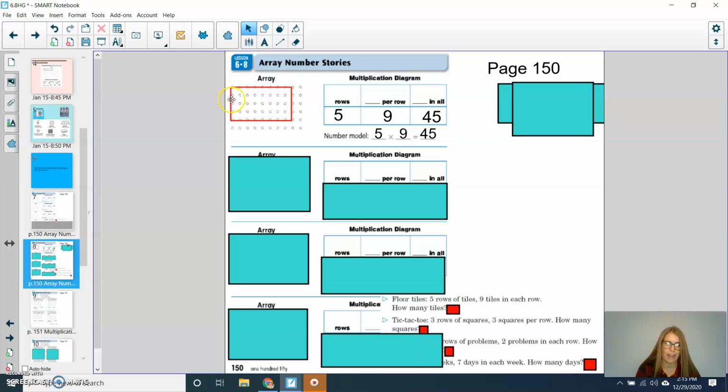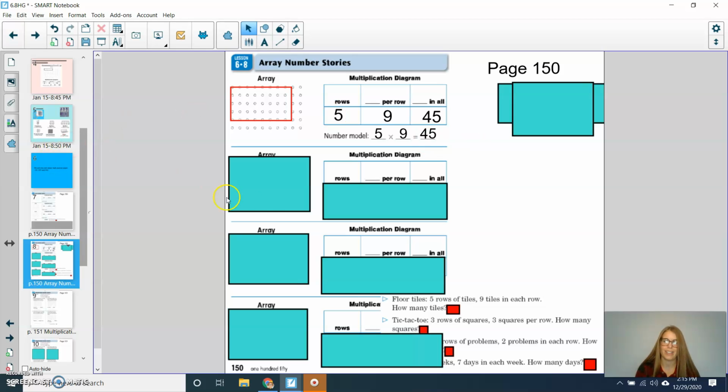I did 5 going down and 9 going across. For 5 times 9, I could either count each of these dots, or I could count by 5s 9 times. When I'm thinking about 5s, I like to think about a clock: if my hand was on the 9, I would know that would be 45. So 5 times 9 equals 45.